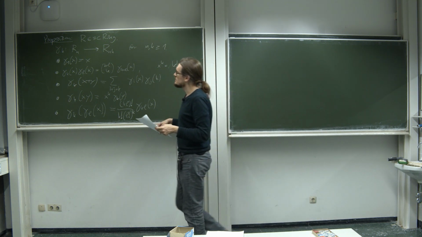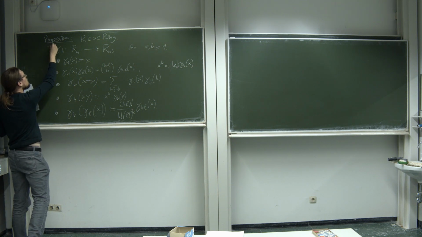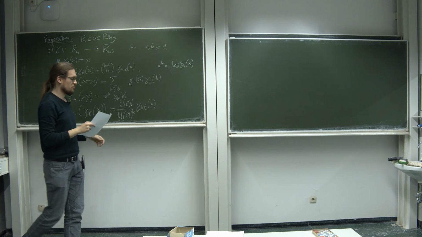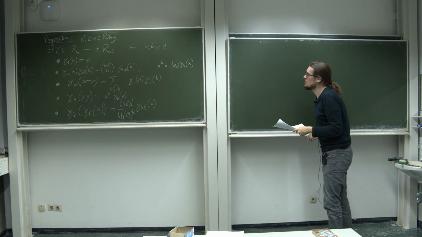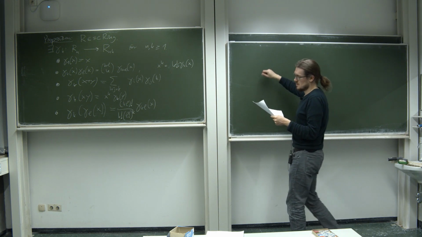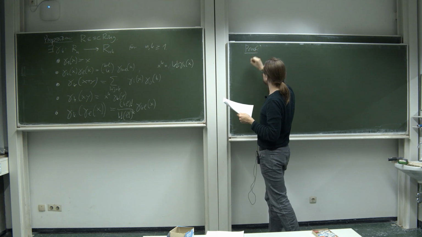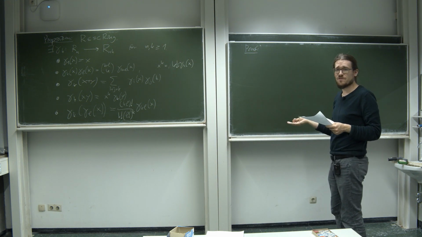So the statement is that if R is a simplicial commutative ring, then we naturally have these operations with these properties. And again, let me just give you a rough sketch and not go too deep into the combinatorics. So where do these come from?